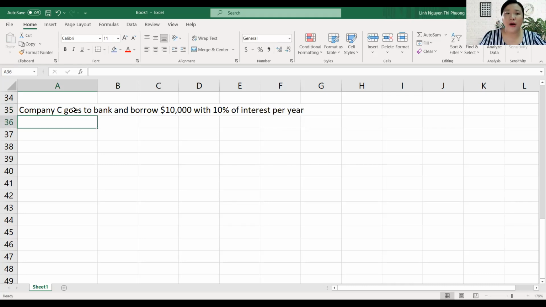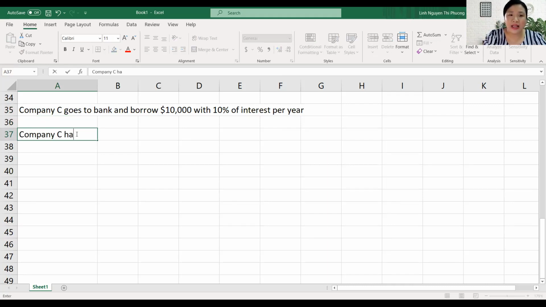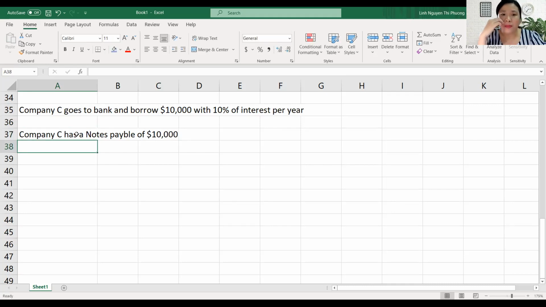Okay, so in this case, company C has a note payable of $10,000. So note payable is like this. Company C will sign a note with the bank promising to pay $10,000 to the bank with the interest rate of 10% per year in the future. So in this case, it means it owes money to the bank, $10,000.